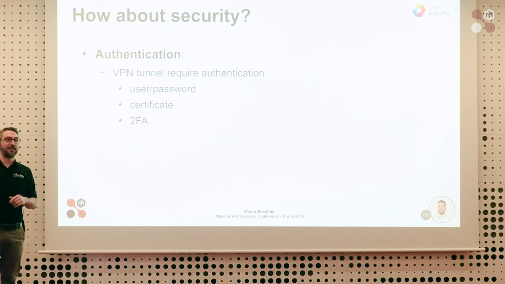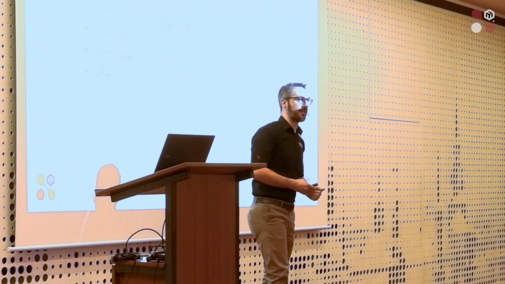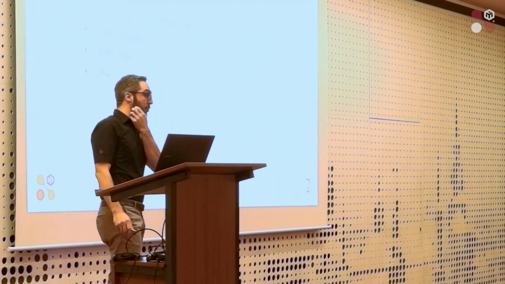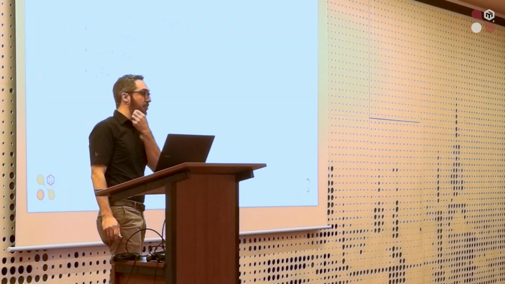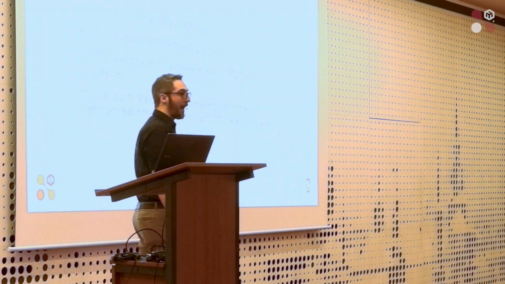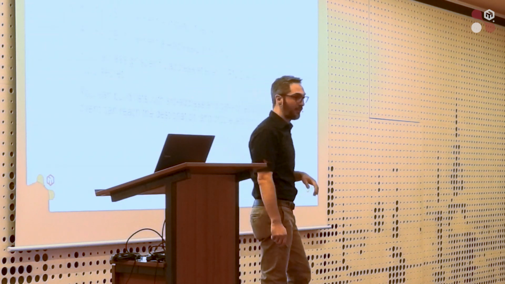How about security? At the start of my presentation, I discussed some security trouble in some devices. With this solution, you can implement authentication: the VPN tunnel requires authentication, using a password, certificate, or two-factor authentication. And authorization: RouterOS implements a stateful firewall.